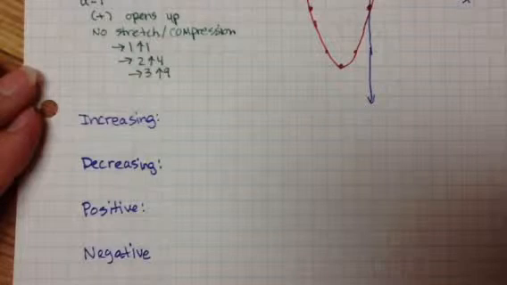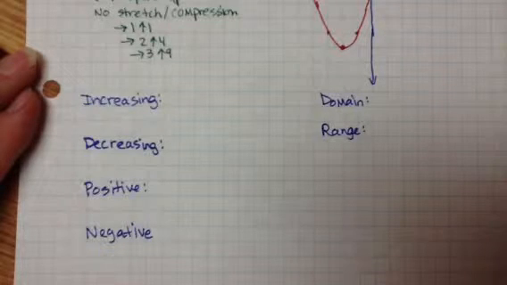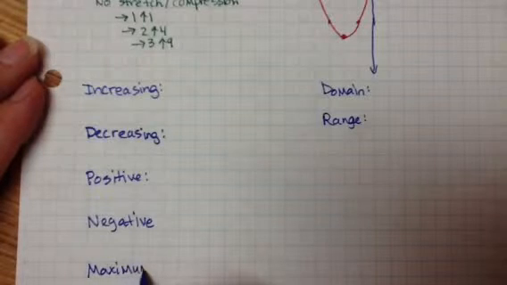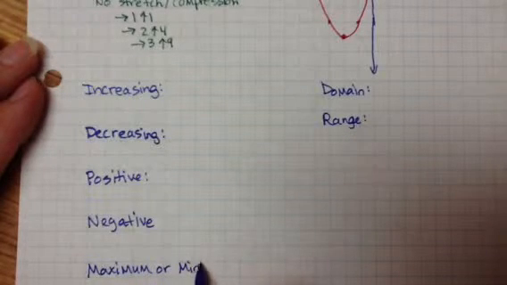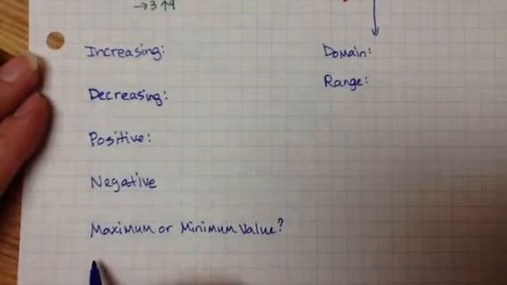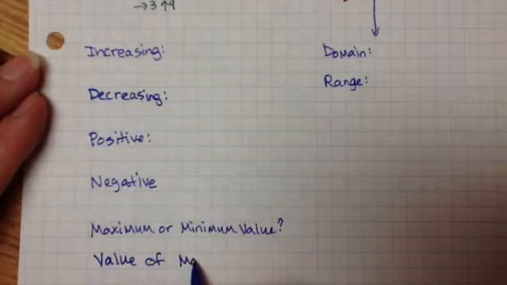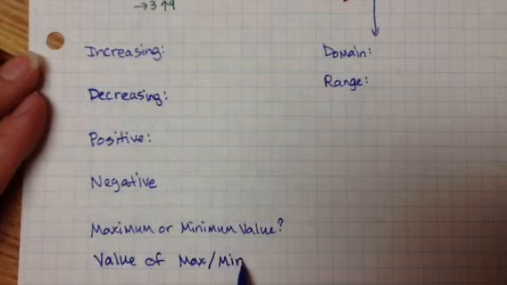We are going to look at the domain and range of our graph. And we are going to decide if it has a maximum or minimum value. And then we're going to figure out what the value of the max or min is.